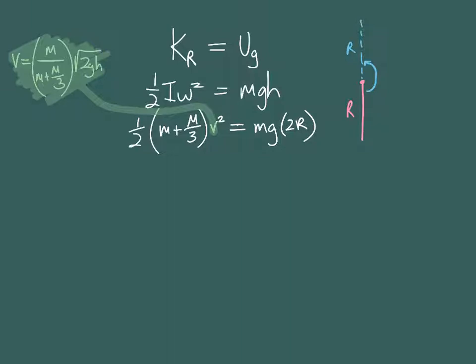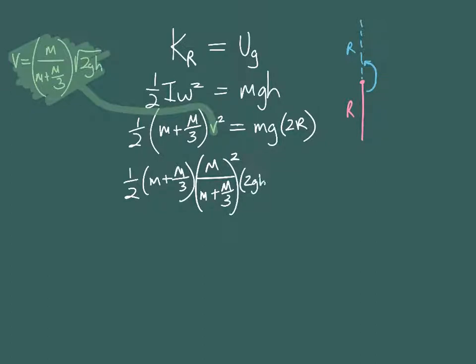But then this other thing, this weird mass squared business, I'm going to have 1/2 m plus m over 3, and then there's going to be an m over m plus m over 3, that whole business squared, times 2gh will equal 2mgr.